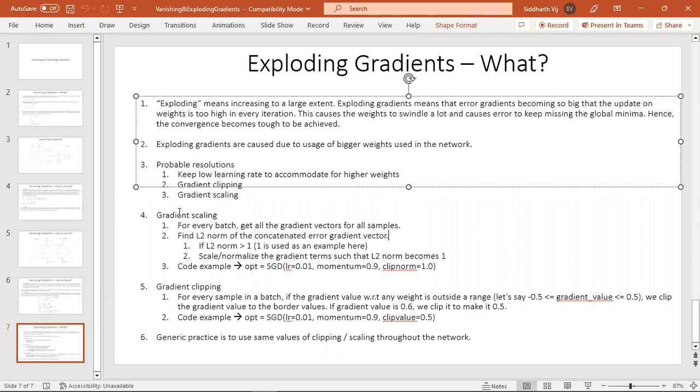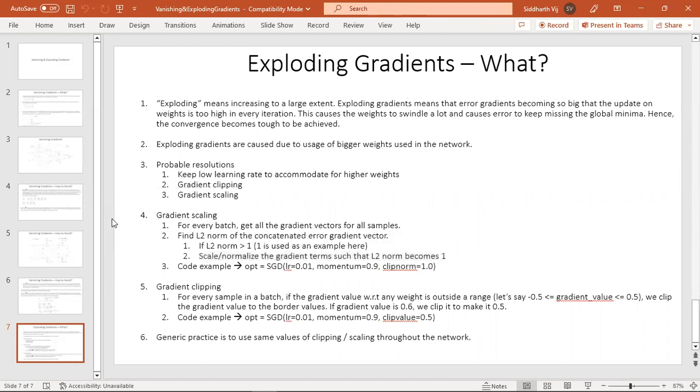If it is greater than a threshold, let's say 1 here, then we scale or normalize all the values of the gradient terms in such a way that the L2 norm becomes 1. So you are standardizing the gradient values so that they don't really explode or deviate highly. So that was about exploding gradients.